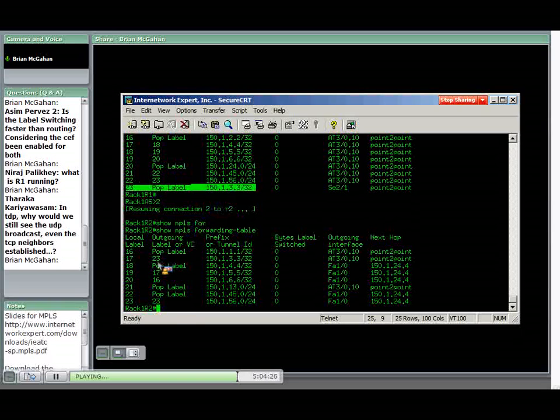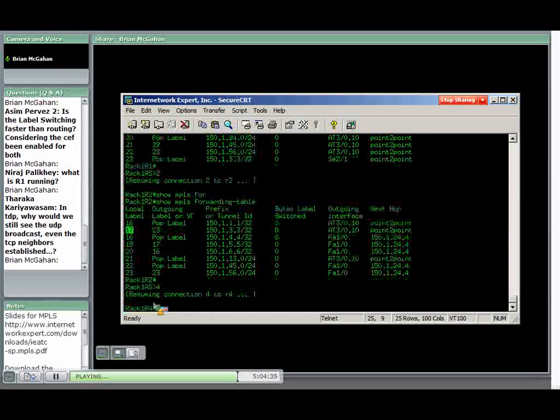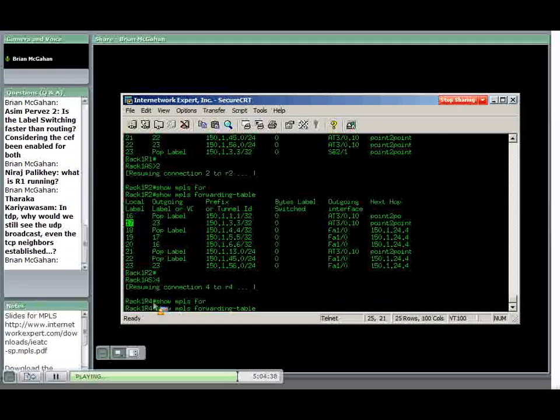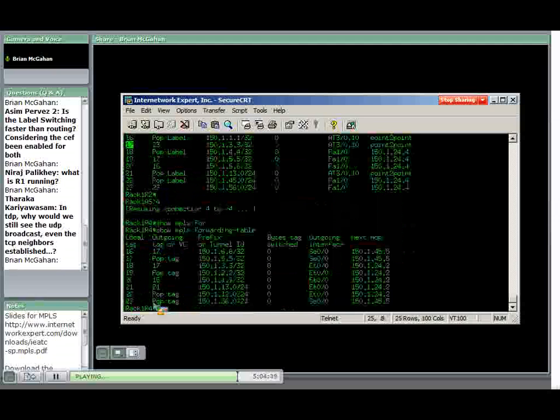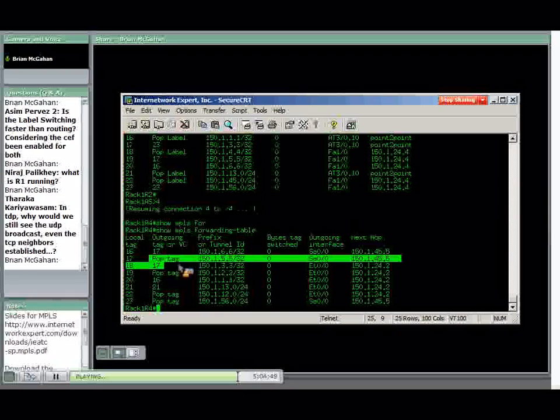Now, if we trace this throughout the network, router 1 is saying if a label comes in as 23, it should be going to router 3's loopback. We're going to remove the label from it. If we go one more hop away, down to router 2, and say show MPLS forwarding table and look at the entry for router 3's loopback, router 2 says the outgoing label is 23.